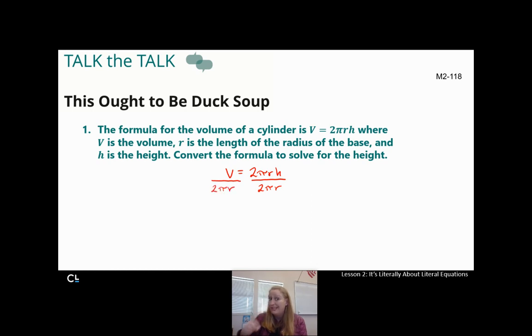Division property of equality and all that. So over here, I can see that the 2's cancel out, the pi's cancel out, the r's cancel out, and h is alone. So h equals V over 2 pi r. So the height of the cylinder is equal to its volume divided by 2 pi times the radius. Yay!